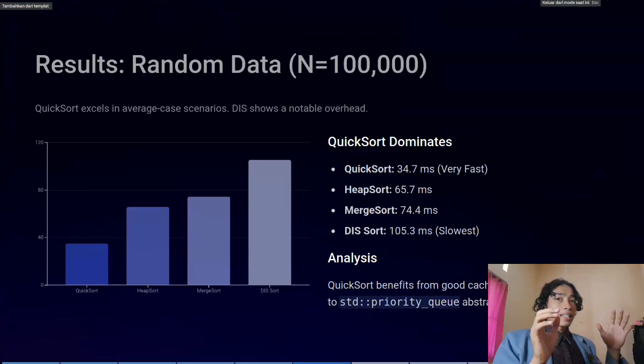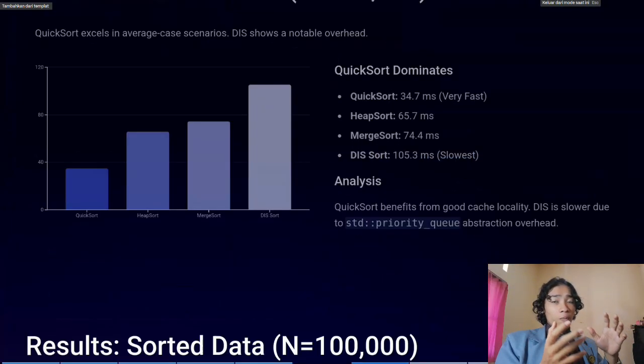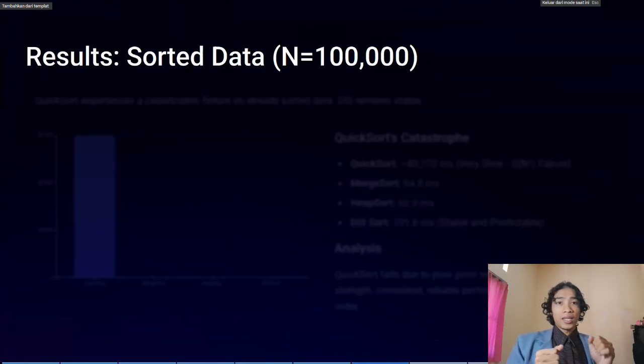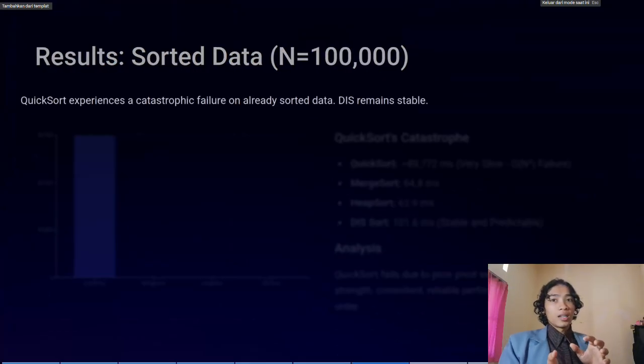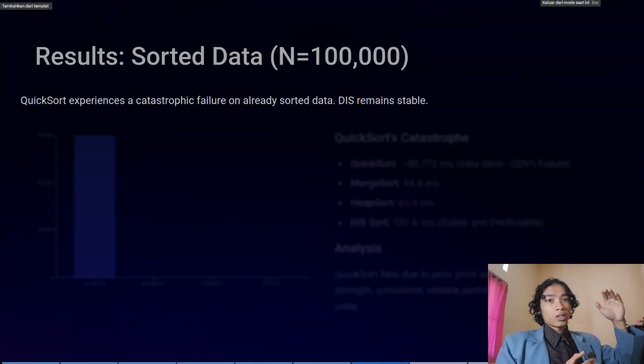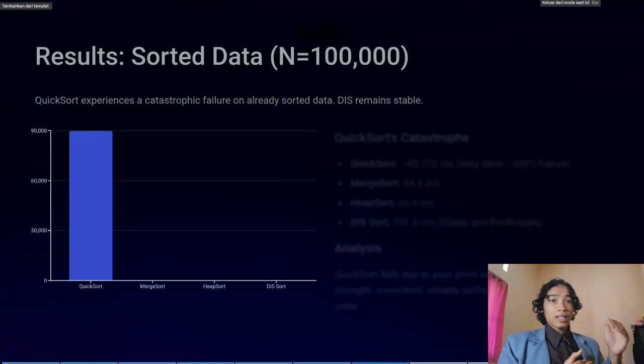However, the story completely changed when we fed it sorted data. This is where we see the catastrophic failure of Quicksort. Its execution time skyrocketed to nearly 90 seconds.